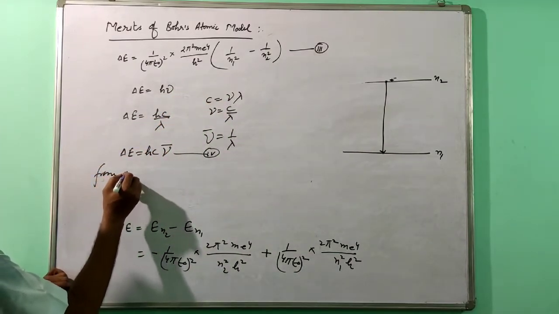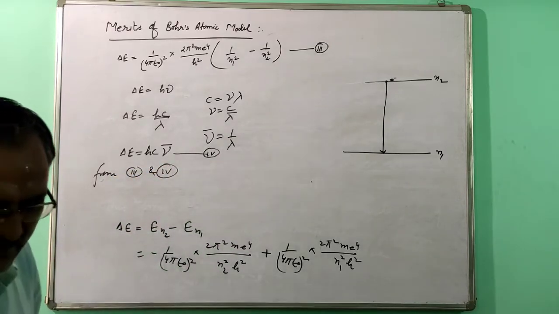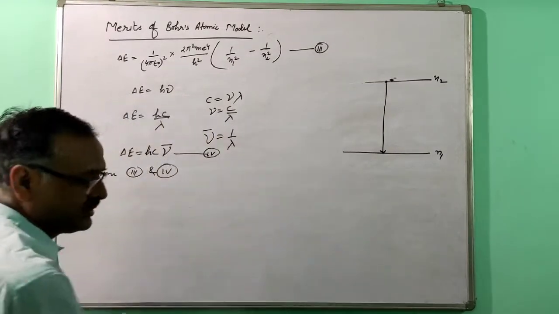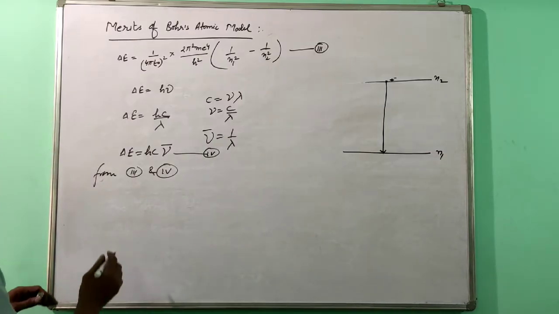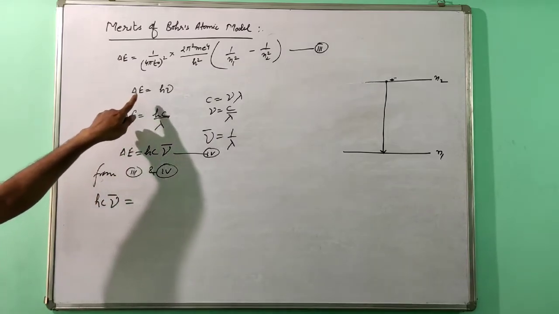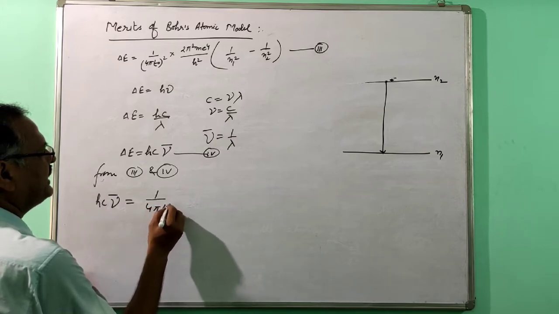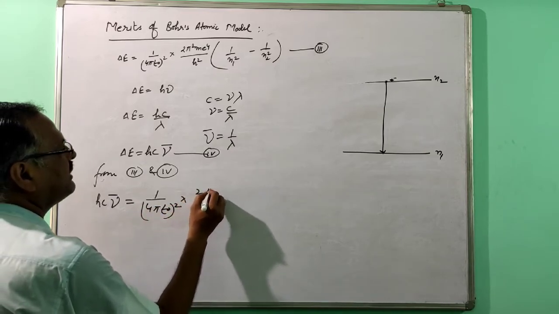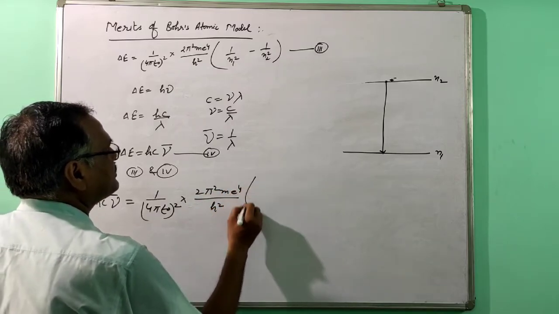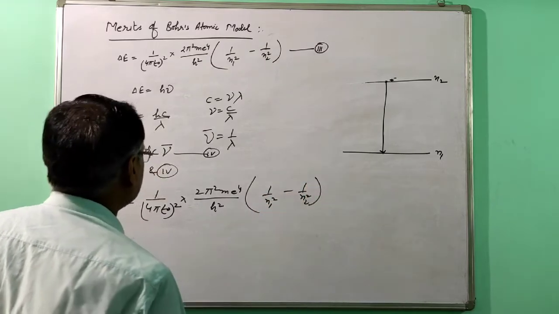So from third and fourth, what do we take? hc mu bar = delta E, which is equal to 1 upon 4 pi epsilon naught whole square, 2 pi square me power 4 by h square, into 1 upon n1 square minus 1 upon n2 square.